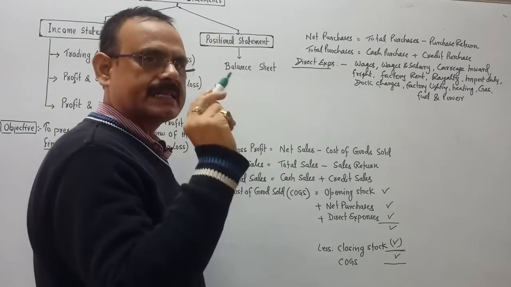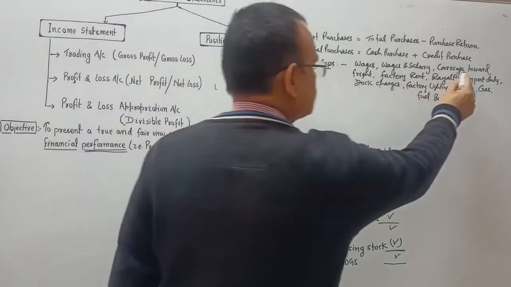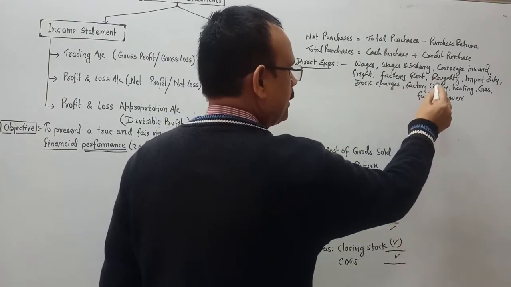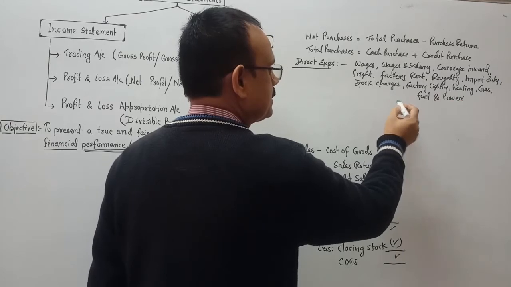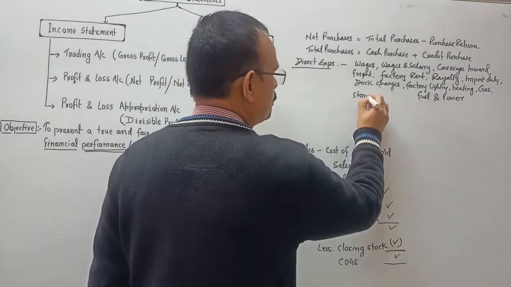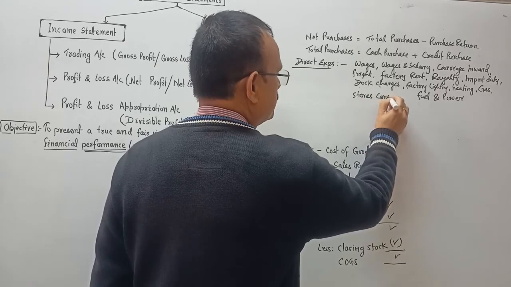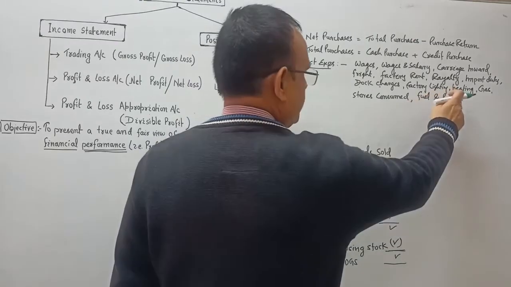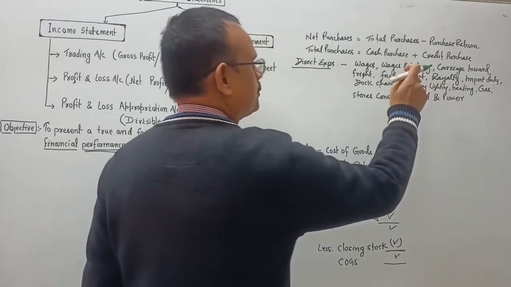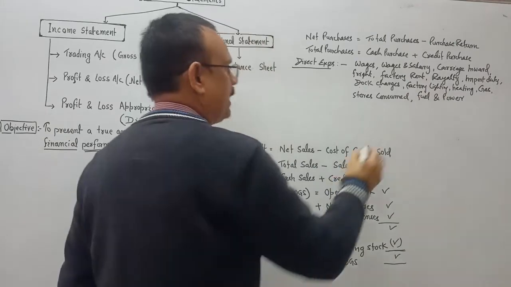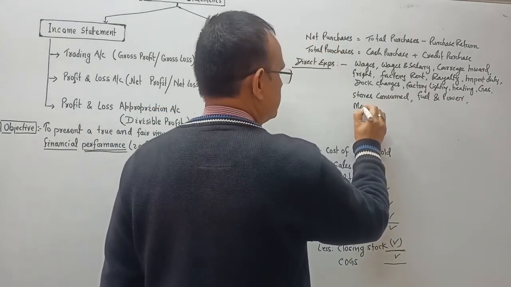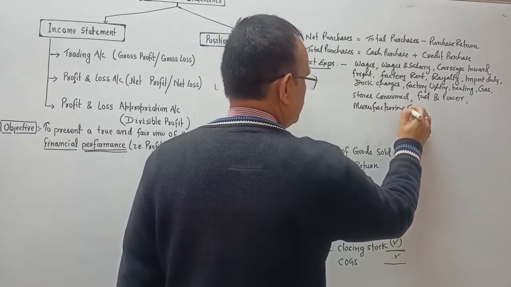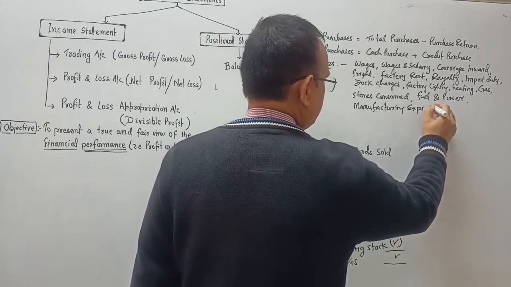Wages and salary, carriage inward, freight, factory rent, royalty, import duty, dock charges, stores consumed, factory lighting, gas, fuel and power, manufacturing expenses, expense on production.